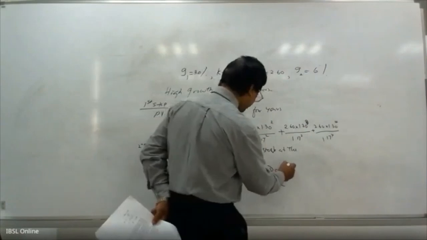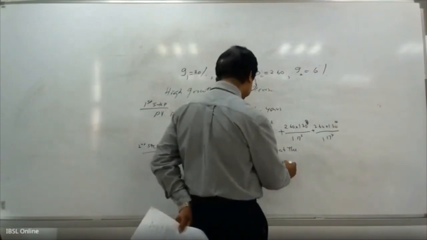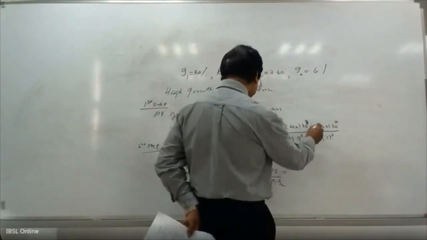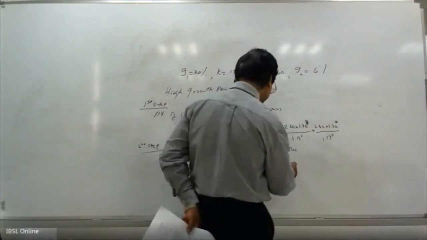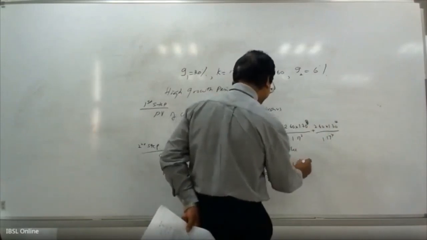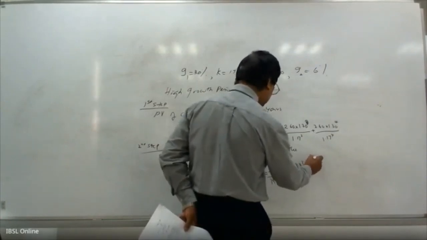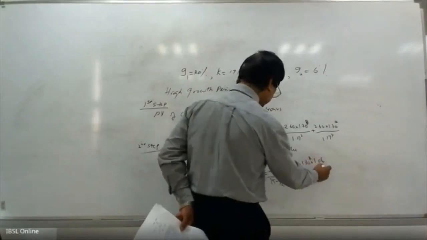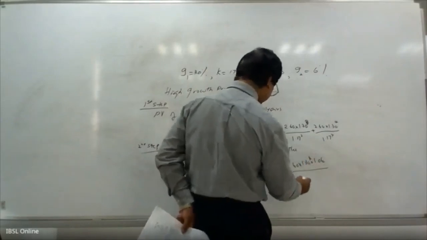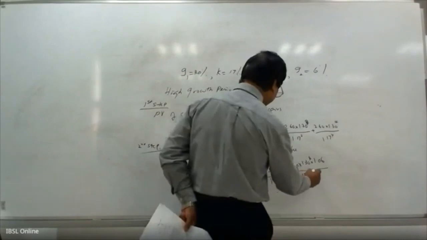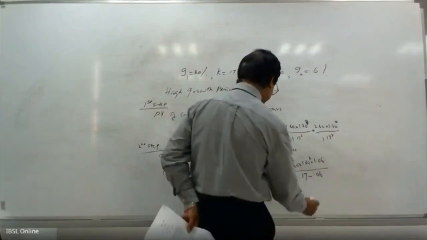D5 is D4 into 1.06. D4 is 260 into 1.30 to the power 4. So P4 is 260 into 1.30 to the power 4 into 1.06 divided by 0.17 minus 0.06.